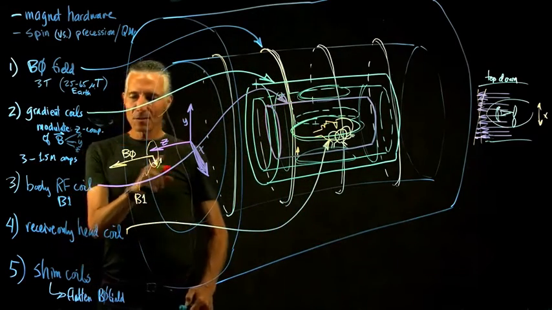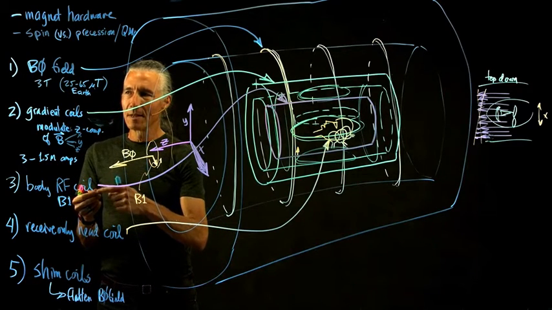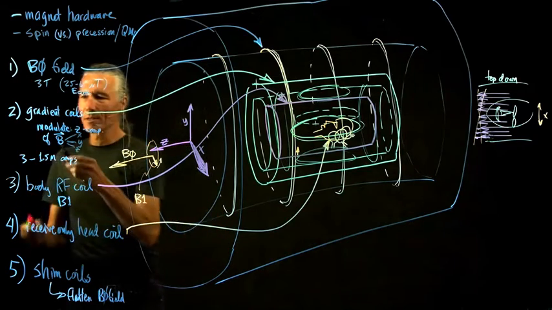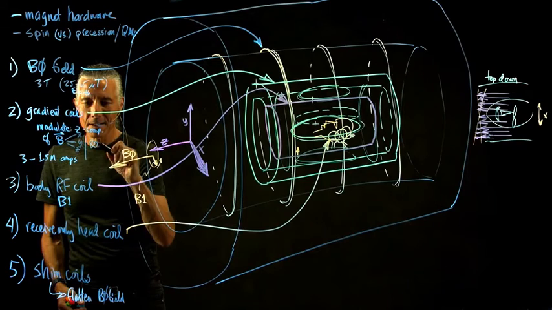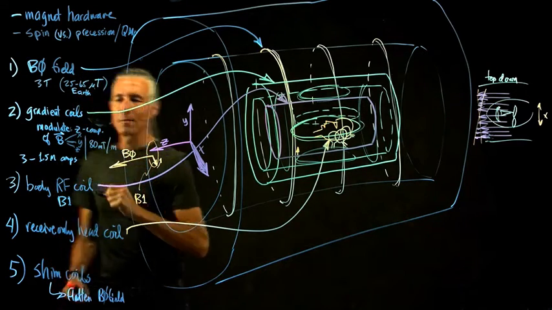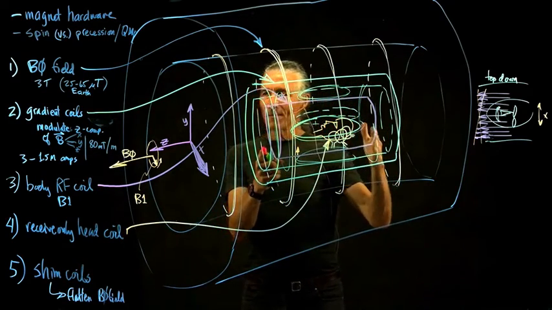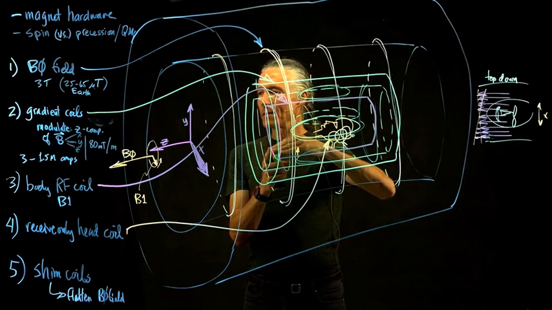One thing I mentioned is that when we turn on the RF field, that's adding on to the B field, but it's pretty small. Same way with the gradient coils. Our gradient coils can do 80 millitesla per meter. What that means is that over 1 meter, over 3 feet, they can change the strength of the Z field by 80 millitesla.